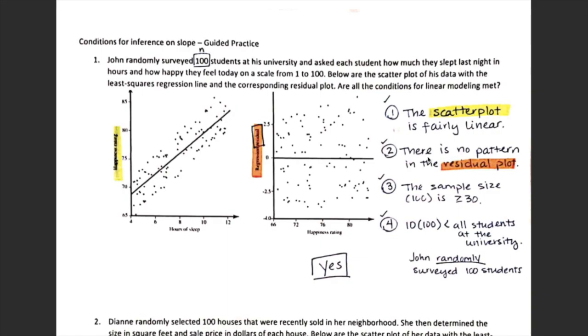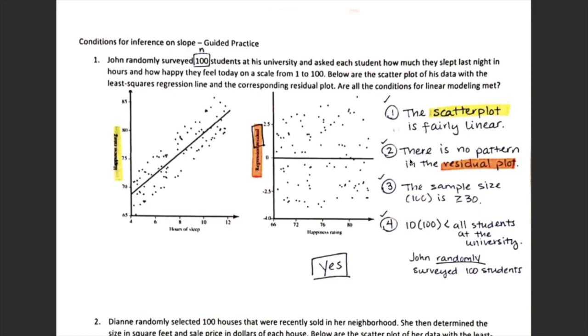Then the second thing you needed to check was if there was equal variance throughout. So you could have written there's equal variance throughout the scatter plot, which you can see here, right? The distance between these dots and your line is pretty much the same, again, in the beginning, in the middle, and the end throughout, okay?